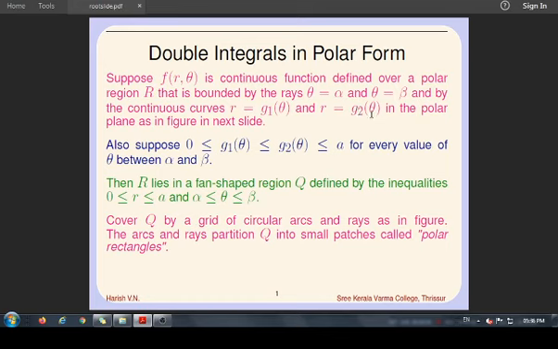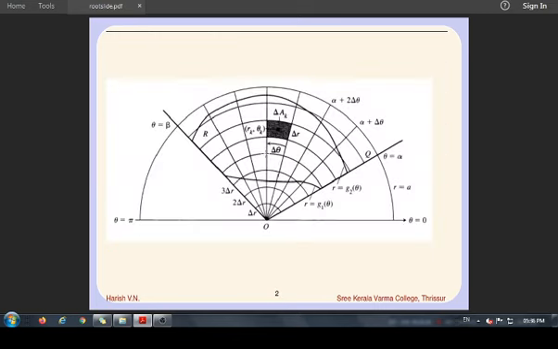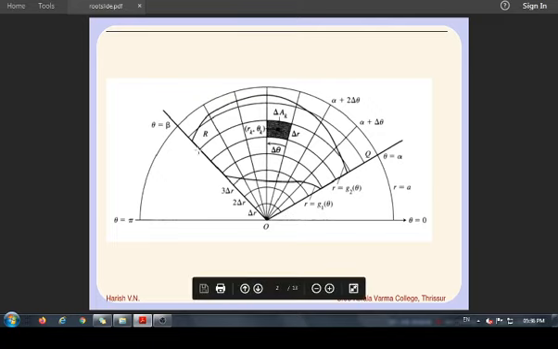So let us go to the figure, then only you can understand better. So let us go to the figure in the next slide. Yes. So this is your R over which the function f of r comma theta is defined. This region lies in the polar plane. This is the pole, and this is the ray theta equal to alpha, and this is the ray theta equal to beta.